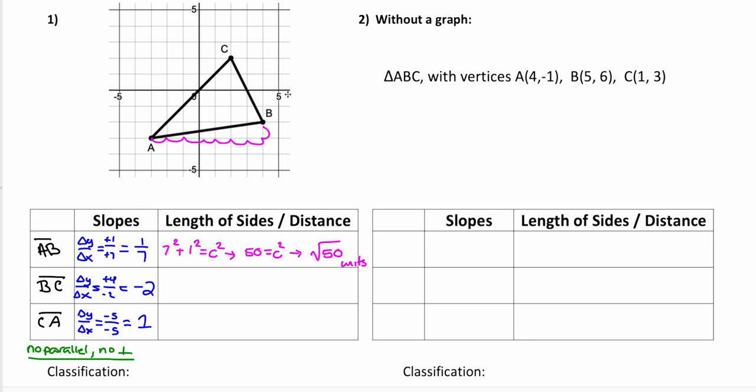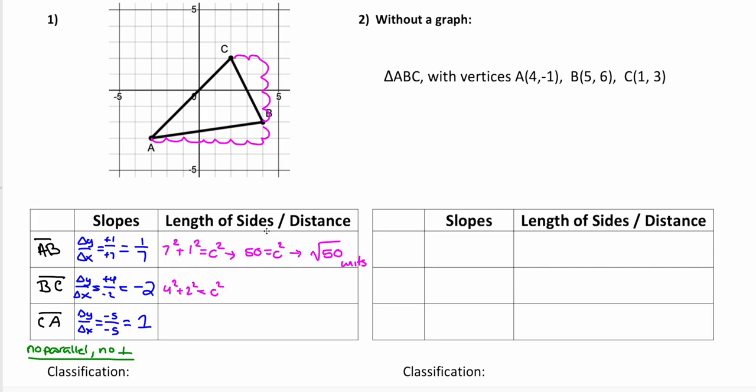Next, I'm going to do B to C. I'm going to count 1, 2, 3, 4, and then 1, 2. So I'm going to have 4 squared plus 2 squared equals c squared. Now, since I'm just counting, I did not use any negatives. I'm just counting how many spaces it took.